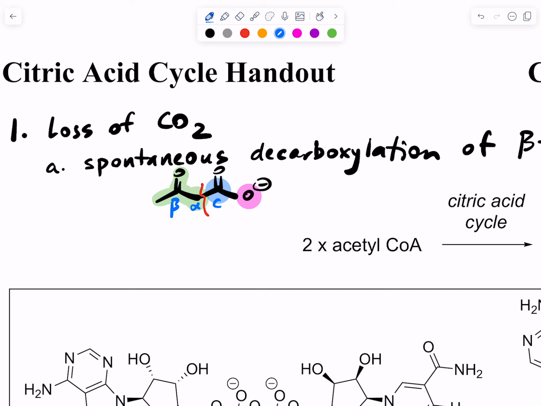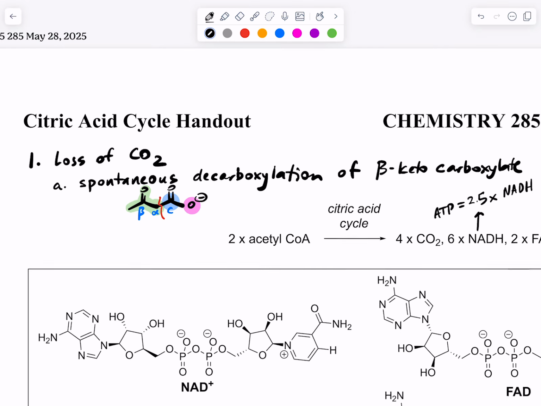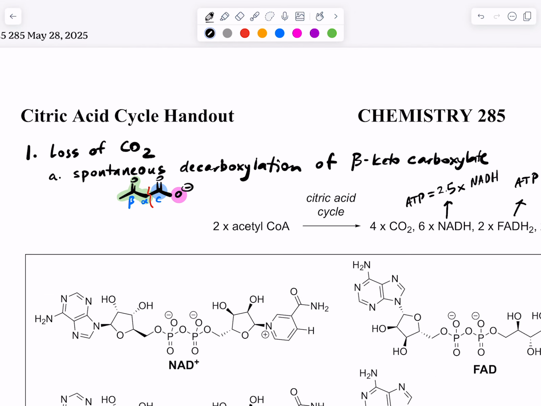We've seen that; I showed you that before, originally in the mechanism handout, and we talked about it a little bit when we were talking about the pyruvate dehydrogenase complex. So one key target functional group, if we want to lose CO2, is a beta keto carboxylate.